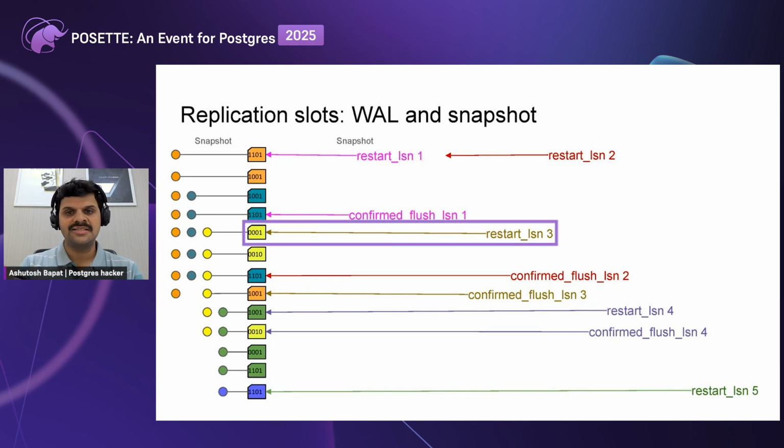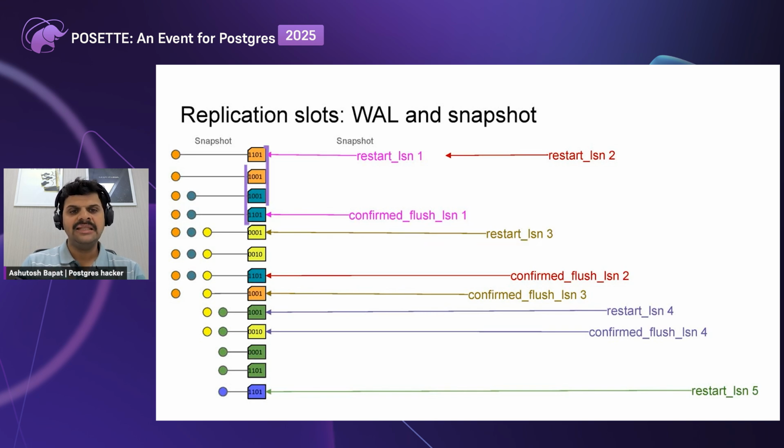As you will see, the restart LSN is now pointing to the yellow transaction. So that's how the LSN can be moved. And any WAL records which are before the first WAL record of the yellow transaction can be released. They are not needed anymore and they can be removed from the disk.